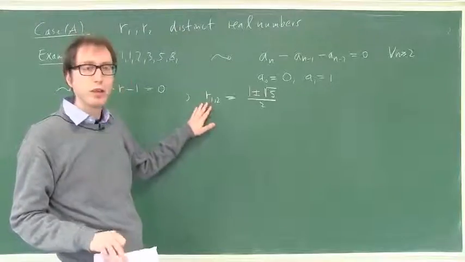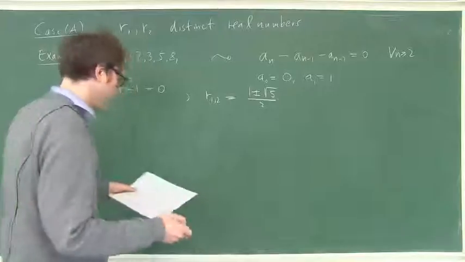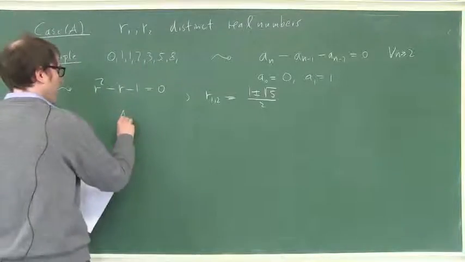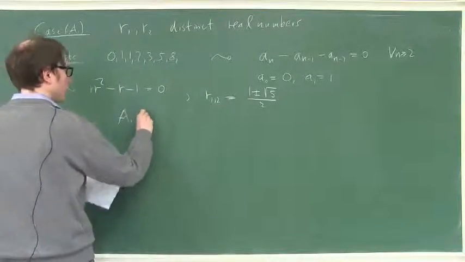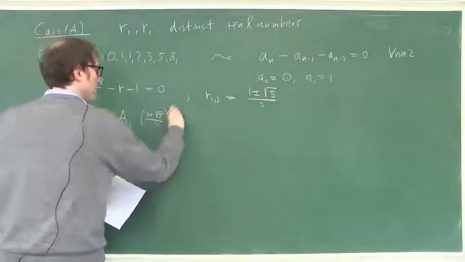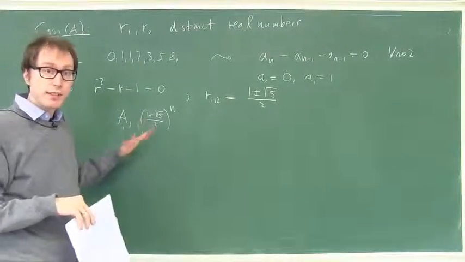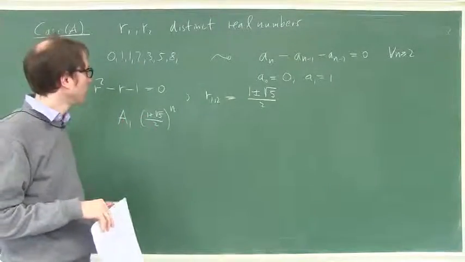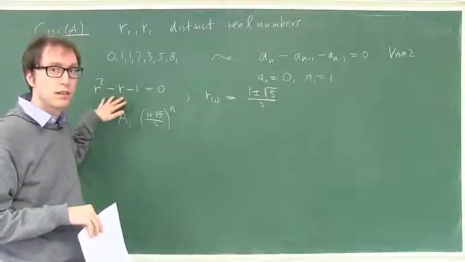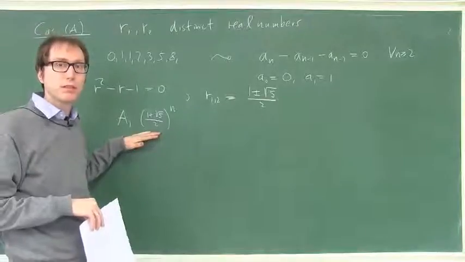What we've seen is the following. If you use a characteristic root and we look at a1 times the characteristic root r1 to the n, so some constant times this, as we've seen just before, because it solves this equation, equivalently this expression solves the recurrence relation.